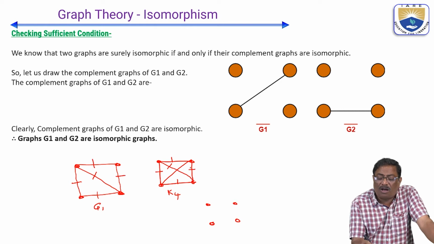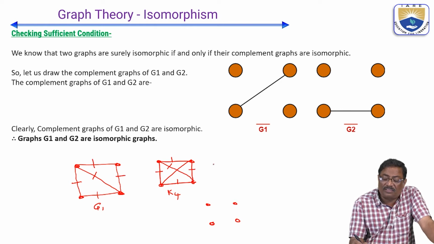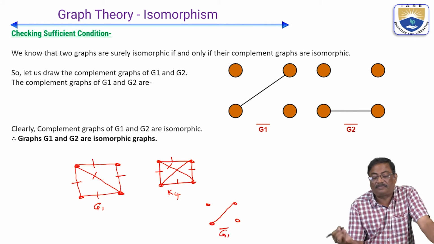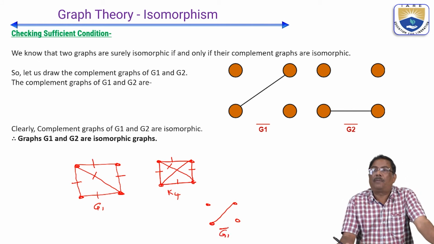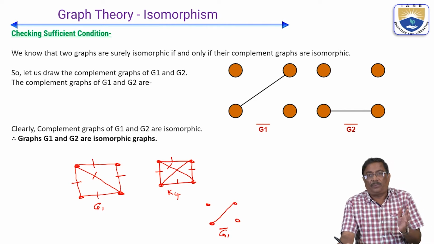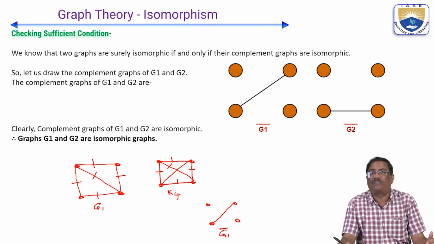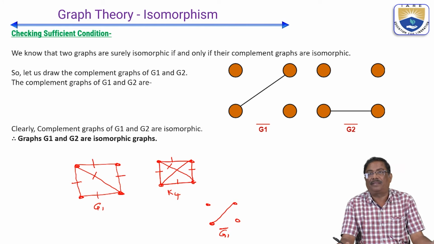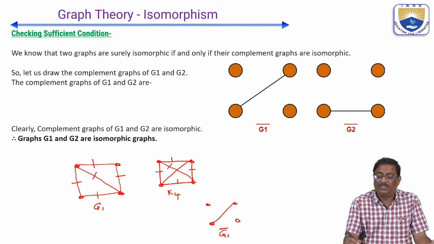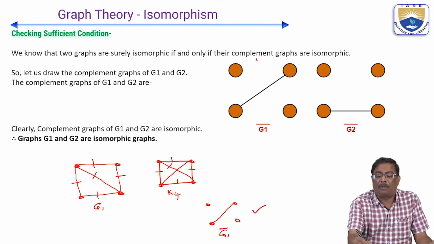All are there except this edge. So, this is G1 complement. Whatever edges are in the given graph should be eliminated from the complete graph of 4 vertices, then we get the complement of G1.